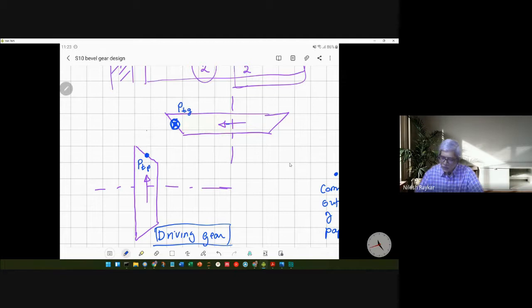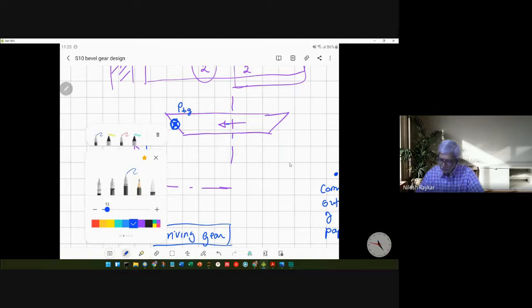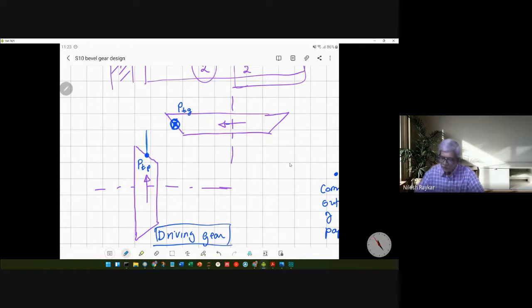So this is PR for the pinion and this is PR for the gear. They will always act towards the center. So this is the PR for the gear.